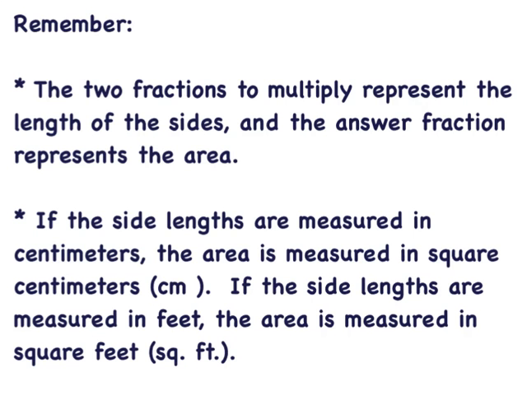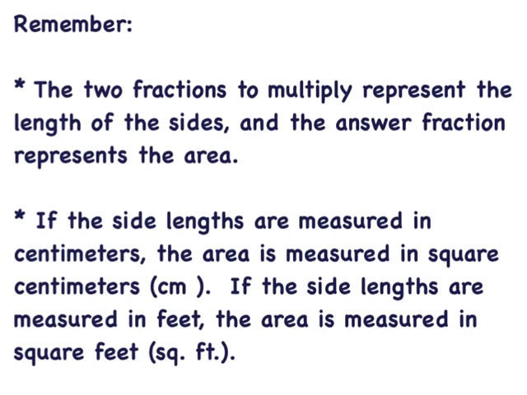And just as a couple of reminders, don't forget that the two fractions that we're multiplying represent the lengths of the sides, and that the answer fraction represents the area. So area is length times width. And if the sides are measured in centimeters, make sure that the area is measured in squared centimeters.